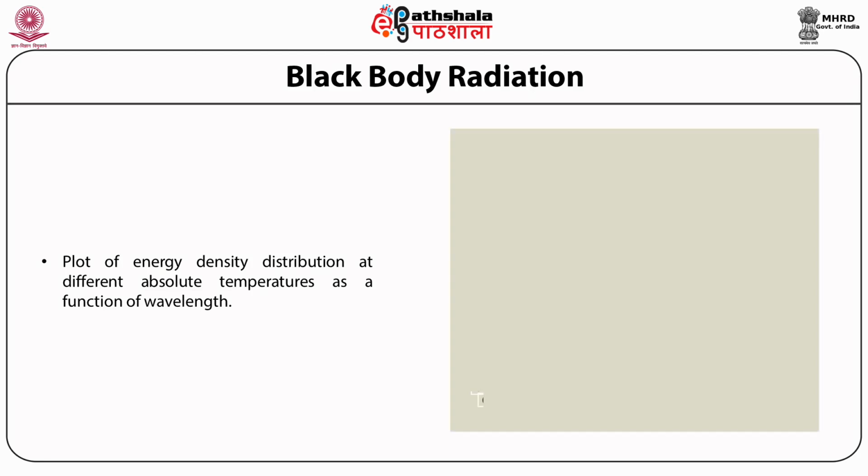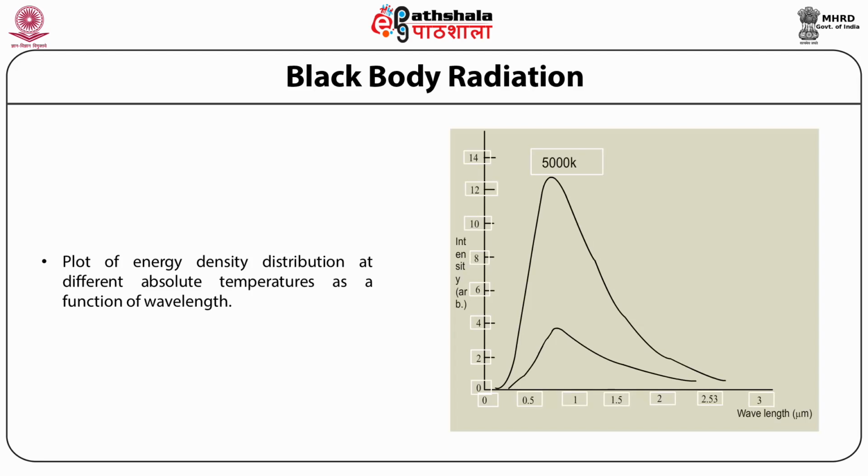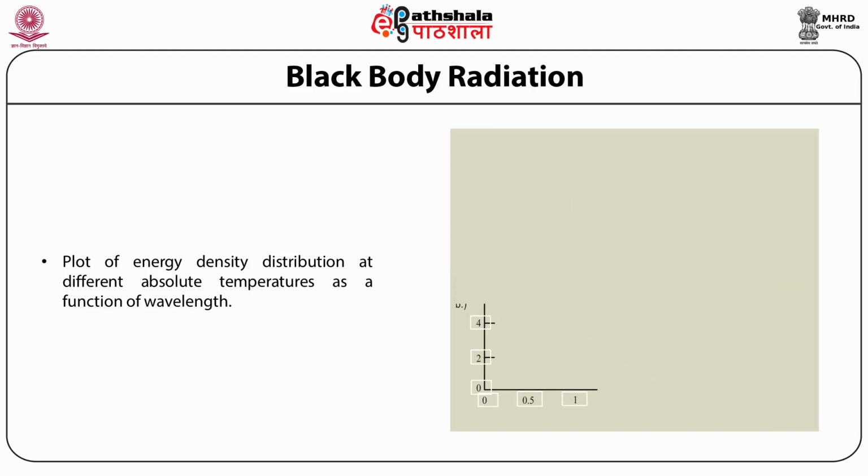Now, if we look at this figure, what we see is that all the earlier attempts to explain the entire energy density distribution of the blackbody radiation could not completely explain this entire spectrum. In fact, the earlier theories could only explain part of this entire energy distribution spectrum.